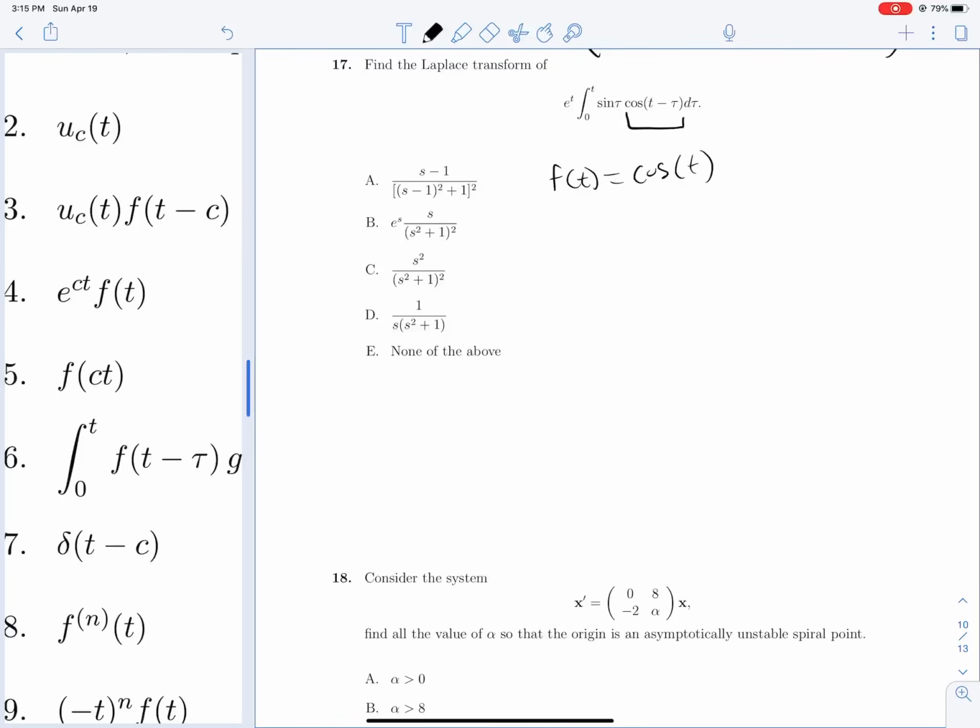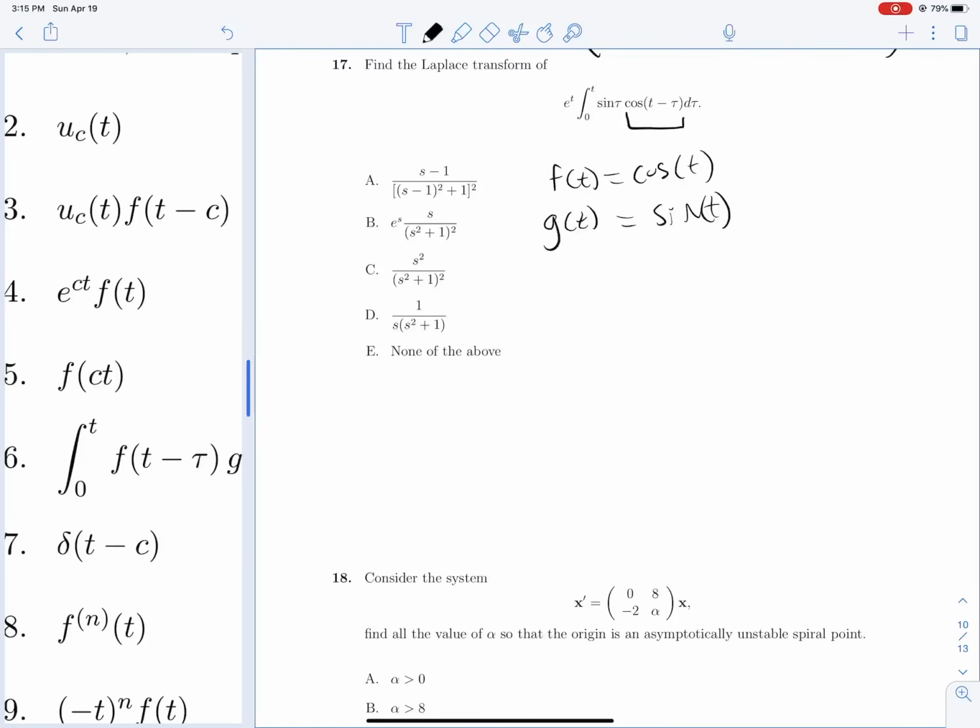Because you can take this, replace all of your t's with t minus taus, and you get our f of t minus tau up there. And then g of t is just this g of tau here, so we'll replace that tau with a t. We will get sine of t.